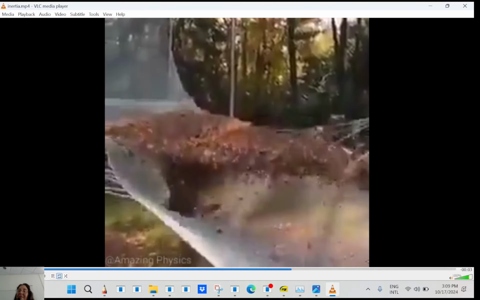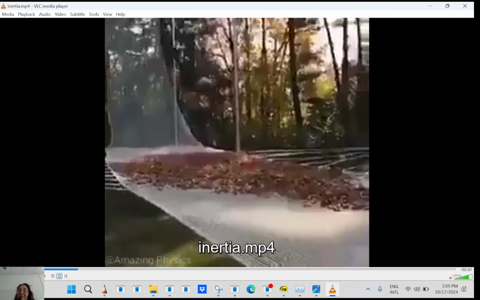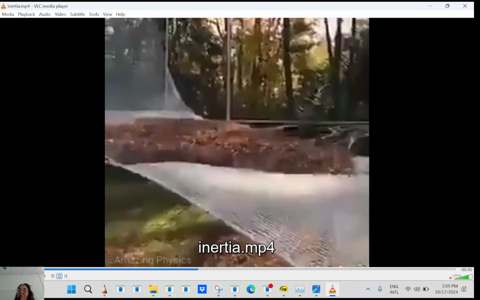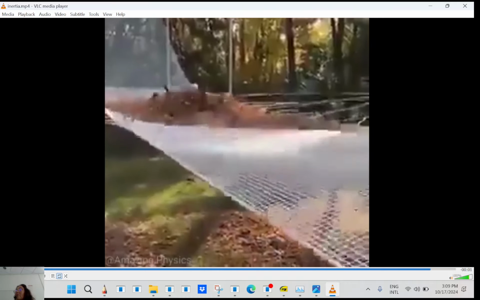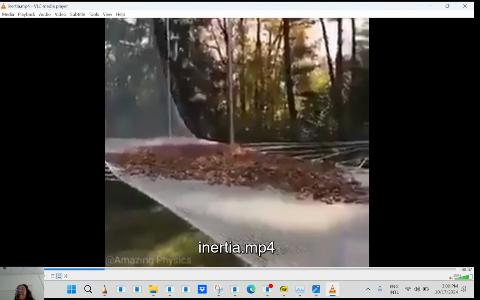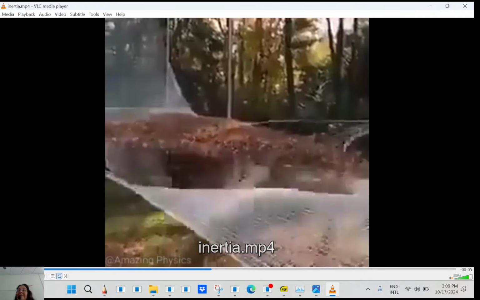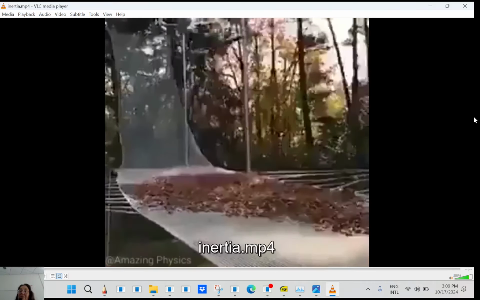Do you see how the leaves stay behind? Because they were not acted upon by a force. The force was only on the trampoline. So the leaves want to stay where they were. They want to stay at rest. They don't want to move. And then gravity takes over and pulls the leaves down. So that's also inertia.